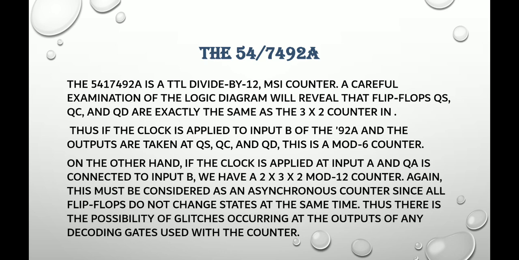A careful examination of the logic diagram will reveal that flip-flops QB, QC and QD are exactly the same as the 3 into 2 counter in the last figure which we have seen. Thus, if the clock is applied to input B of the 92A and the outputs are taken at QB, QC and QD, this is a mod 6 counter.